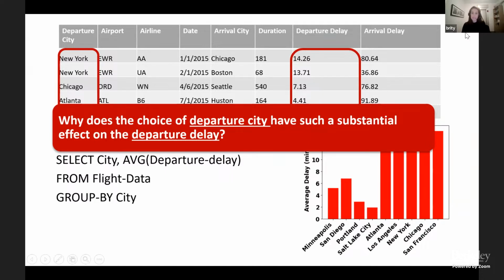So again, it can be seen like a correlation between the city and the average delay, and we want to try to explain what explains this correlation that we see in the data. So we call the departure city, in this case, I'm going to call it the treatment, and the departure delay is the outcome, and we want to explain the connection between those two variables in the dataset.